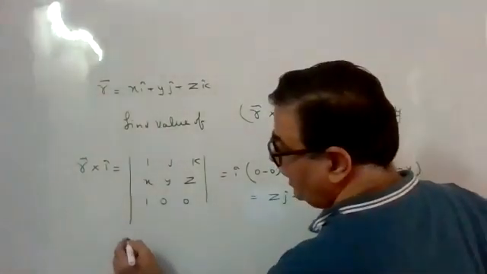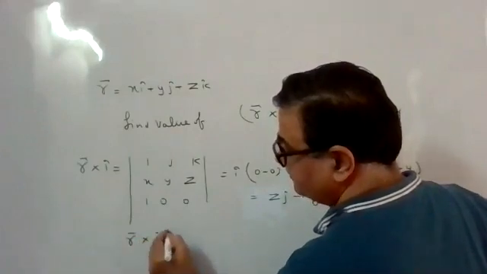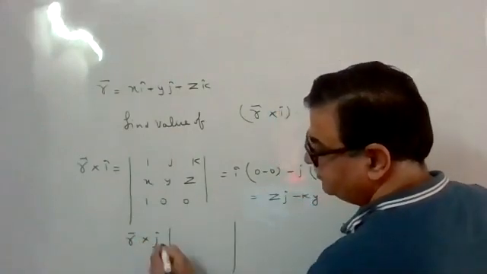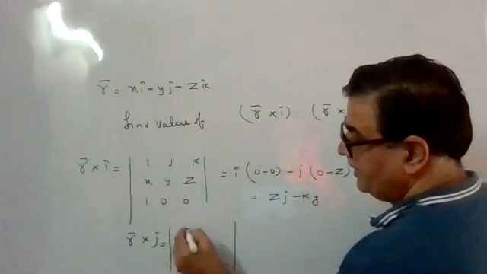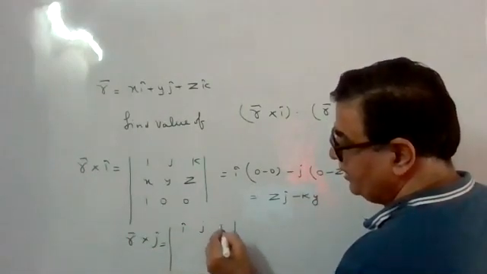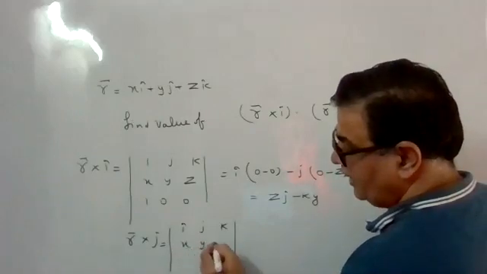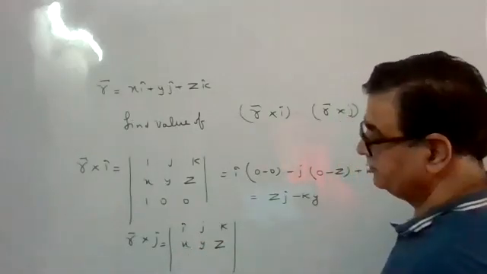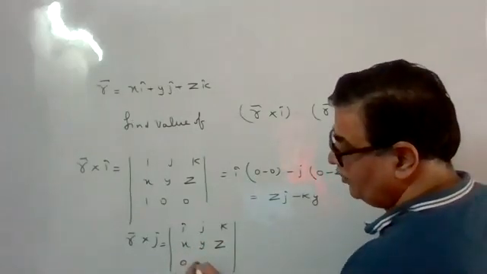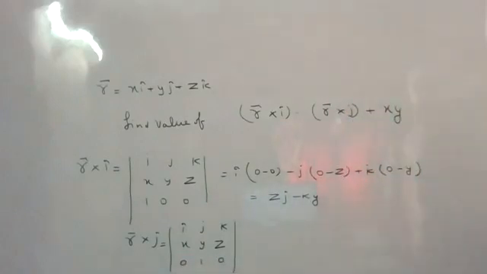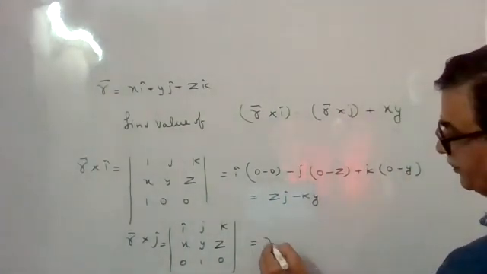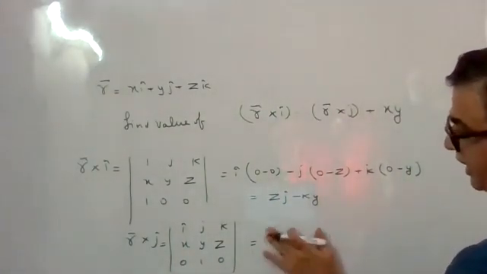Then we go for R cross J. Then it comes out to be I, J, and K, X, Y, and Z. J is ours, so 0, 1 and 0.